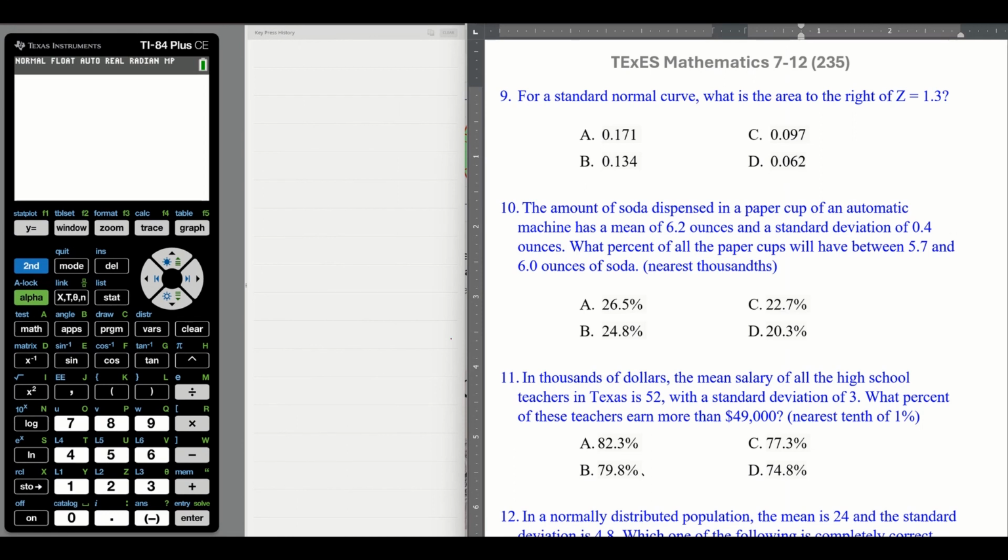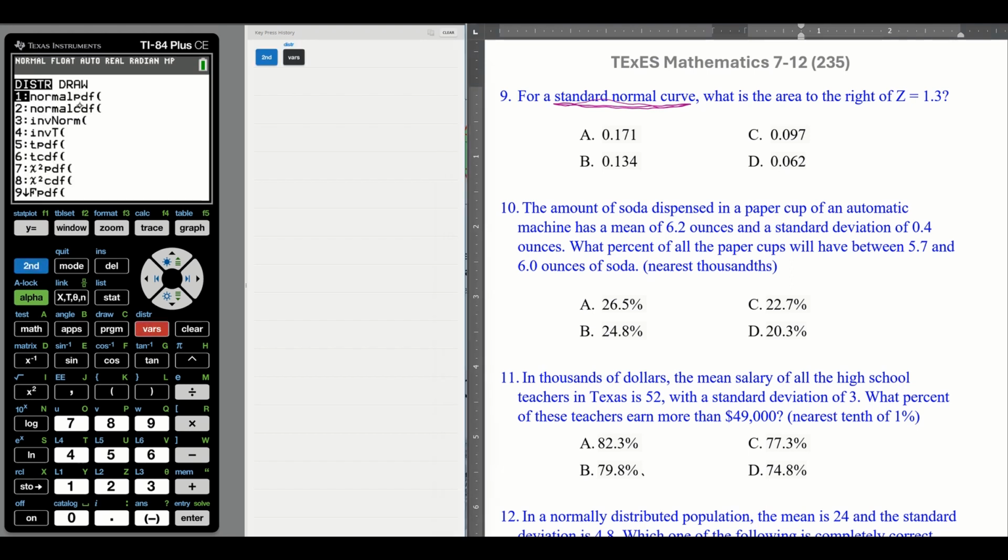Number 9, for a standard normal curve, what is the area to the right of z equals 1.3? Okay, part of your clue is talking about the standard normal curve. That means we need 2nd, VARS. Now we are talking about the CDF, not the PDF.